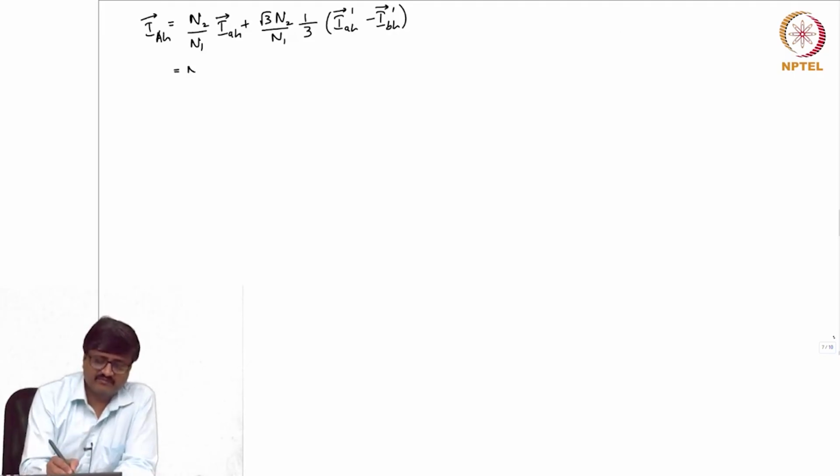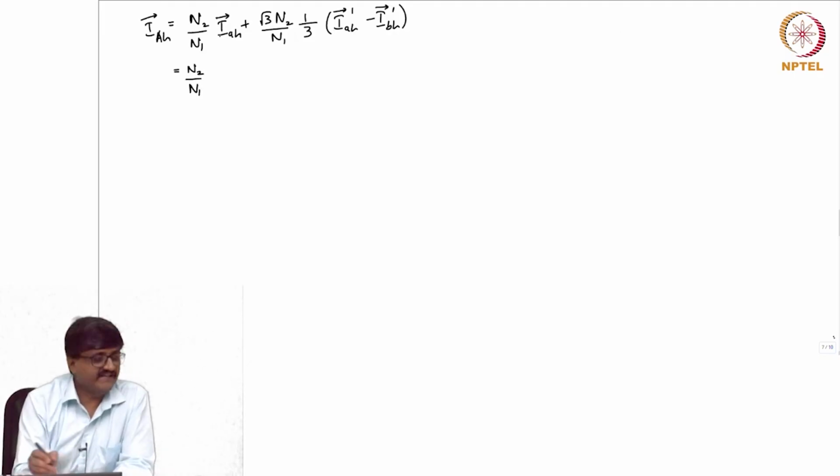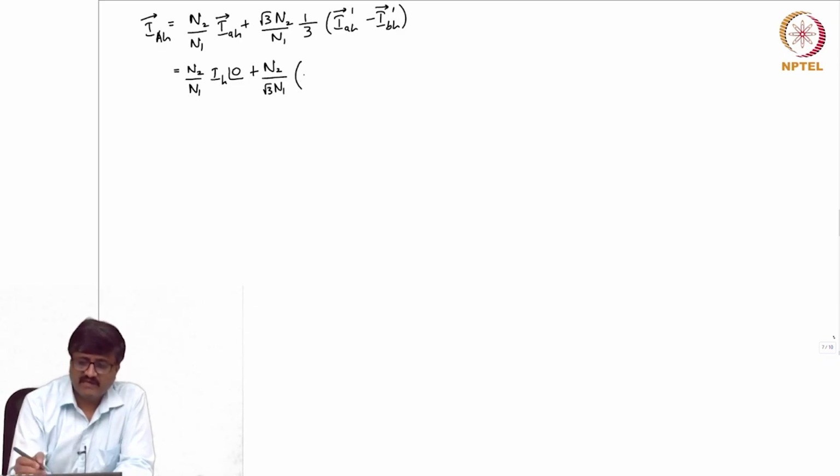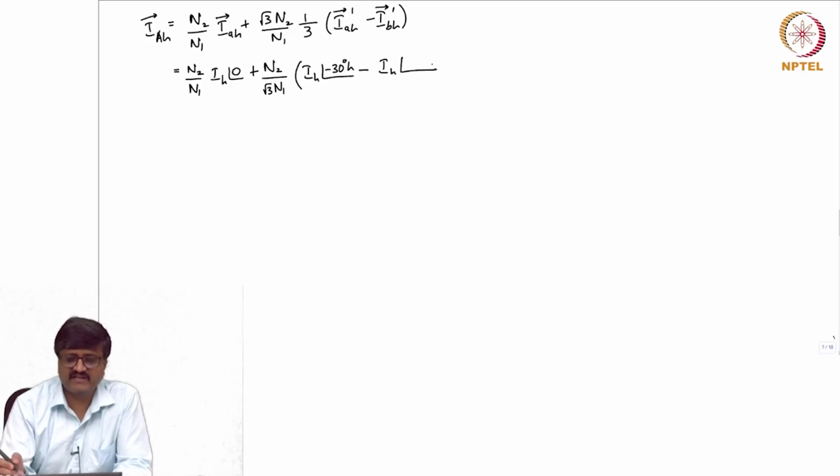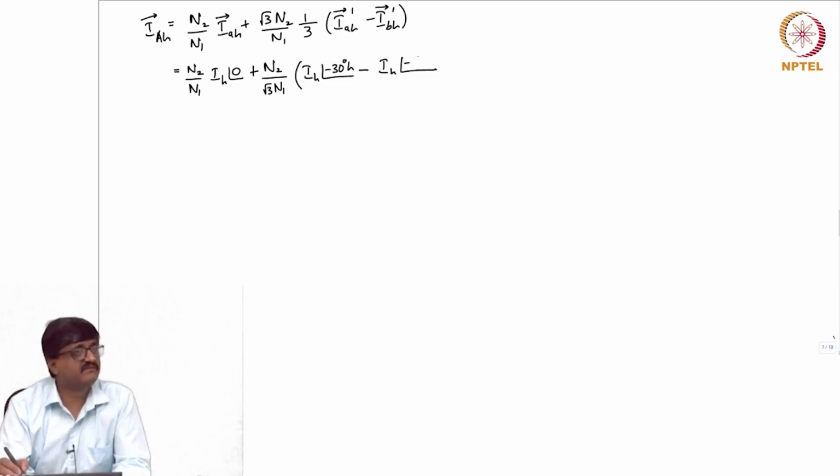So this is equal to N2 by N1 IAH, which is IH at an angle 0, plus N2 by N1 into root 3 by 3, which is N2 by root 3 N1, IAH prime, which is IH at an angle minus 30 degree into H, minus IBH prime, we have the expression, it is IH at an angle minus 150 degree into H.